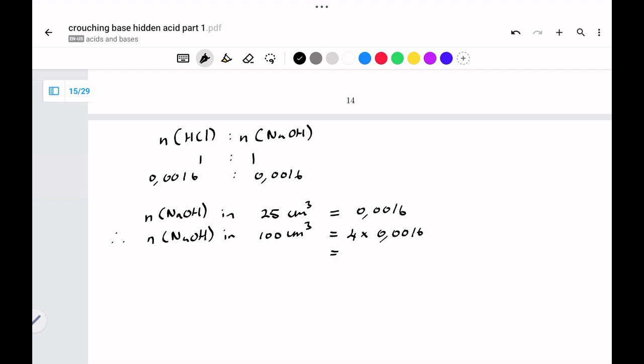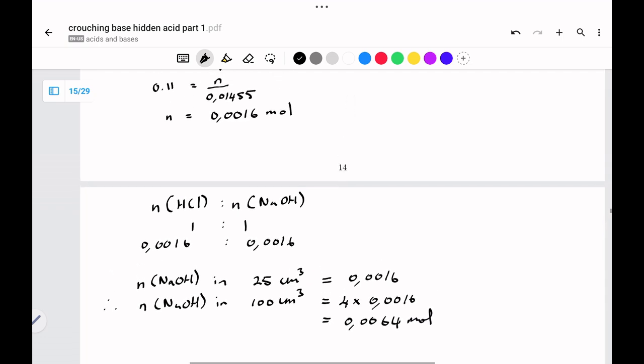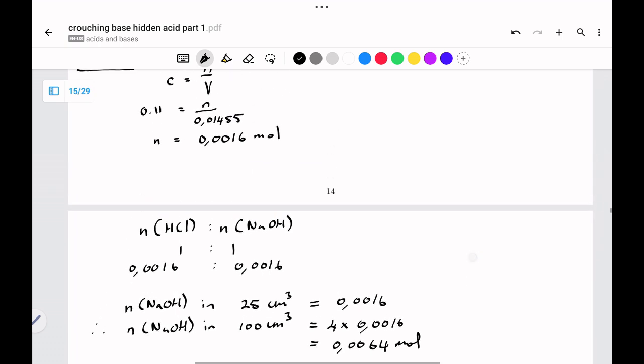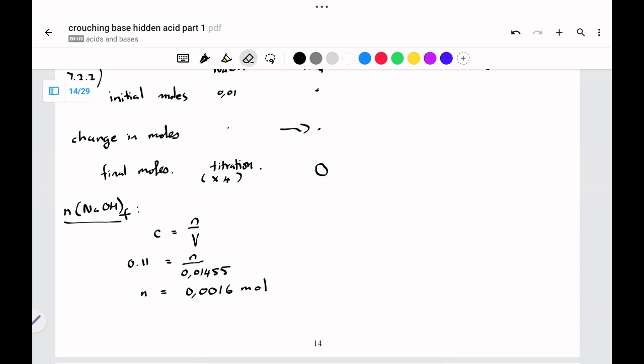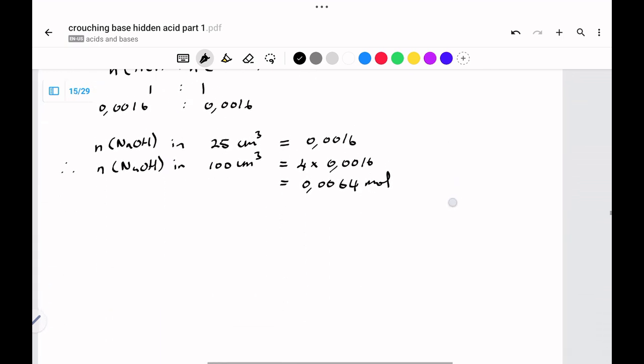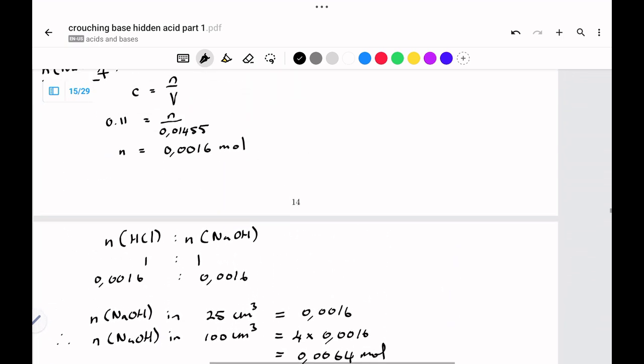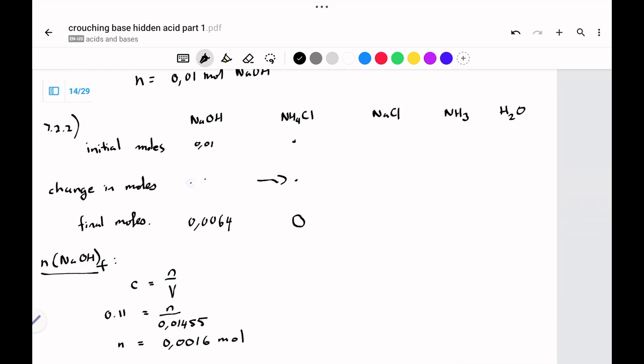And when we do this, we get okay, so we can fill this number in now. And now we can go and calculate the change in moles.